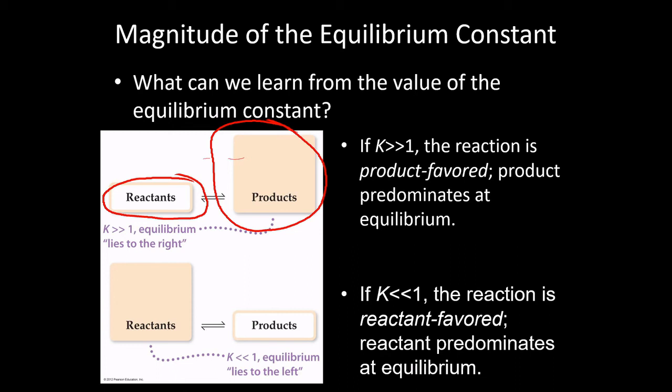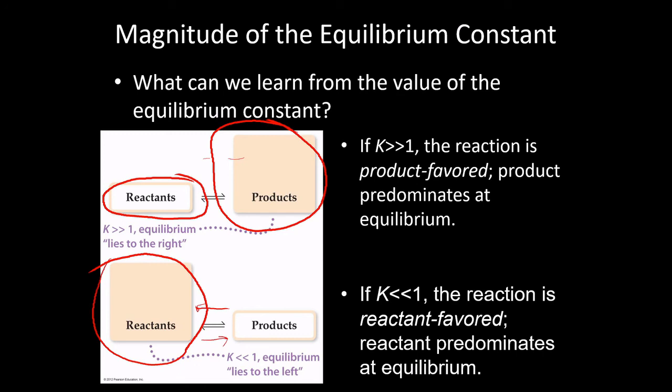The reverse reaction is actually more favored. It doesn't take very many products for that reverse reaction to be going just as fast as the forward reaction. So you have most of your molecules in your mixture on the reactant side of the reaction if you have a K value that is much, much less than 1.